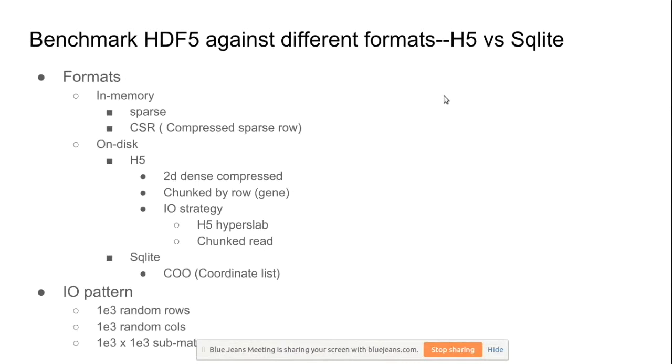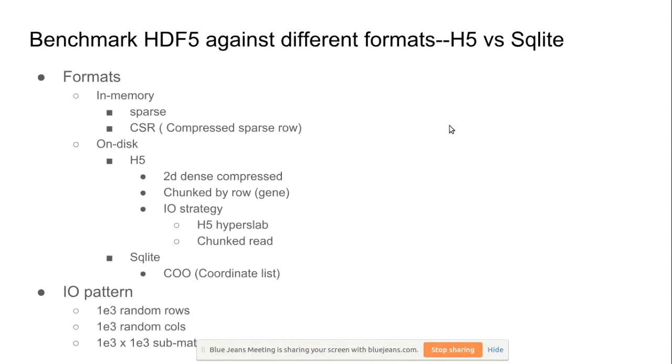And we also try to see, as Mike Smith mentioned, that hyperslab has the issue, and we try to see how bad this is and how we can improve it by only accessing the H5 data through the chunked data. And for SQLite, we use the COO, which is a coordinate list, basically storing each data point as the coordinate X, Y, and the actual value.